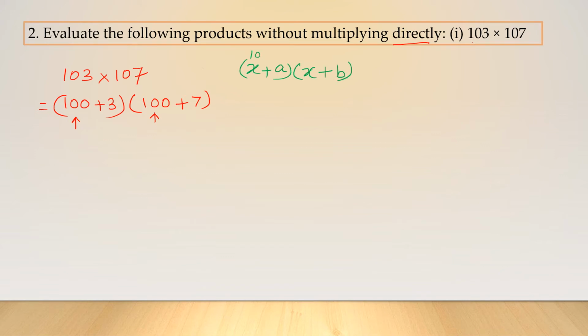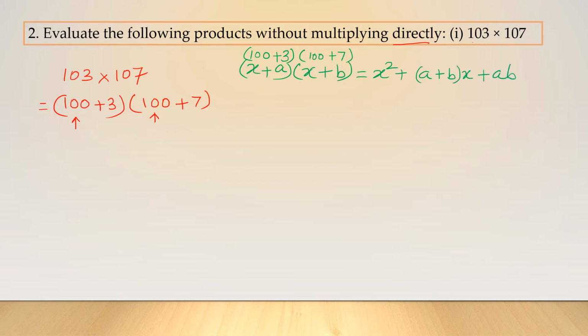I have split 103 as 100 plus 3 and 107 as 100 plus 7. And see, the first term is the same, but the second term is not the same. So we can apply the identity x square plus (a plus b)x plus ab.